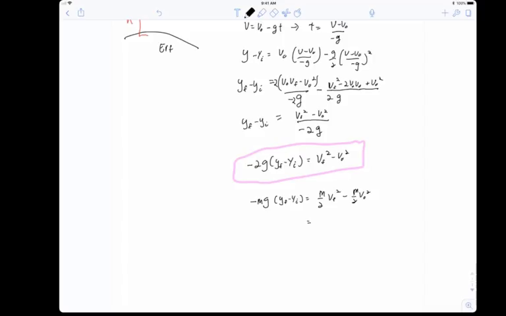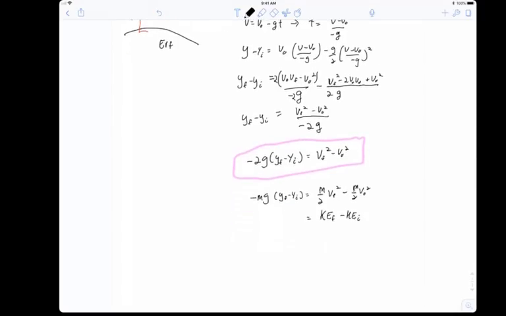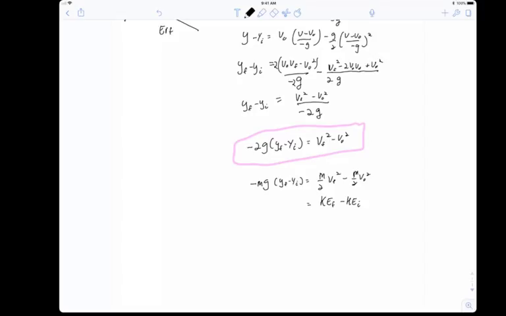And what you get is the kinetic energy final minus kinetic energy initial. And according to this system being closed, this should be equal to the gravitational potential energy, GPE initial minus GPE final, which is minus mg times (y final minus y initial).